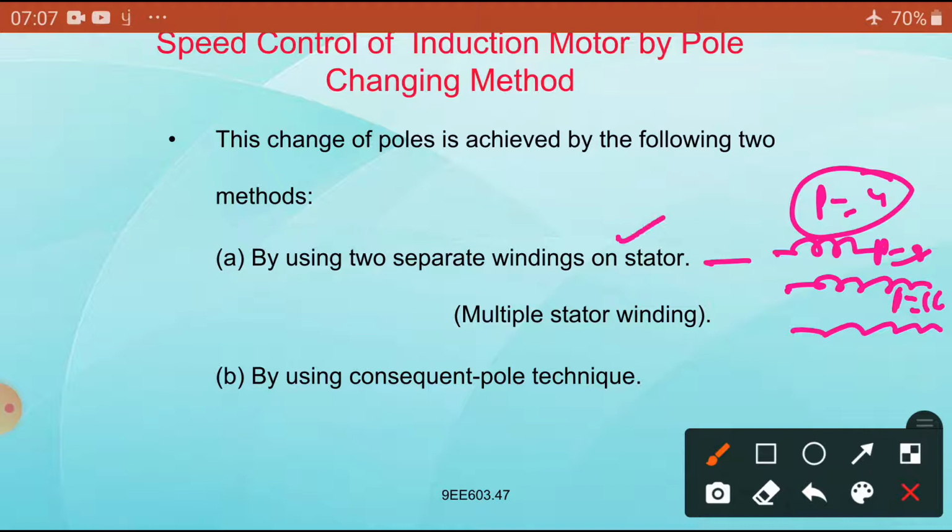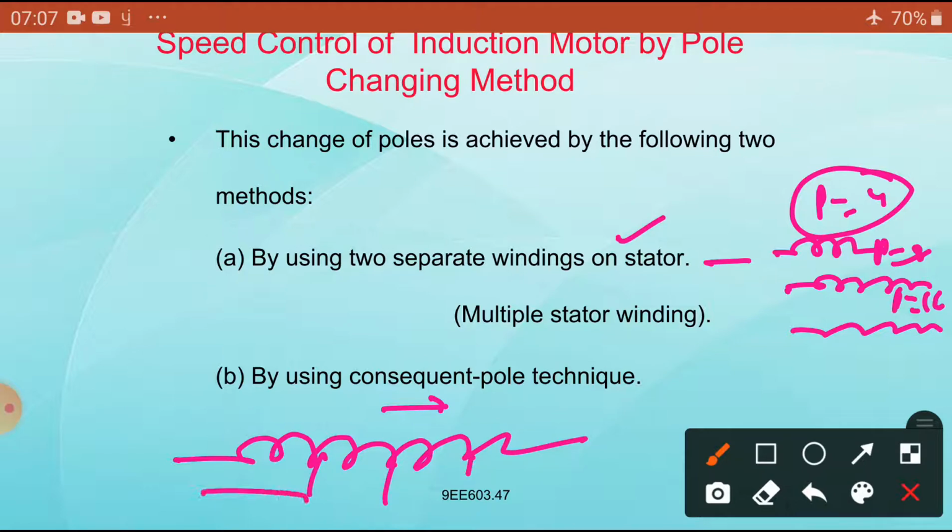That is the first case, the multiple stator windings. In the second case, there is only a single winding, but by taking the connections, connecting in series or parallel, we are going to change the speed.